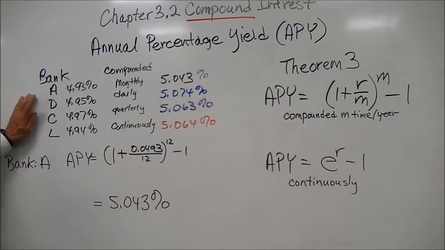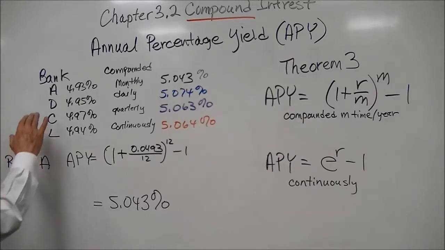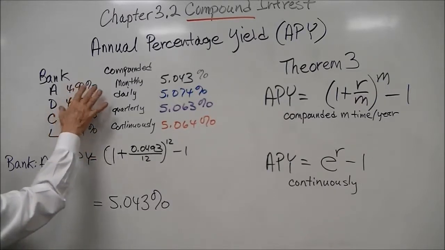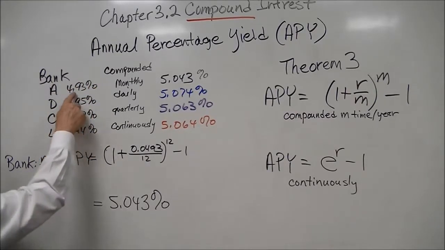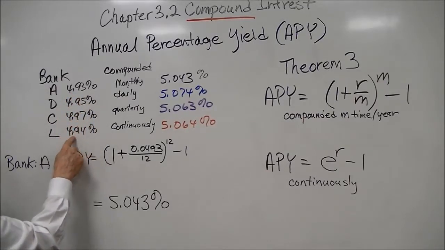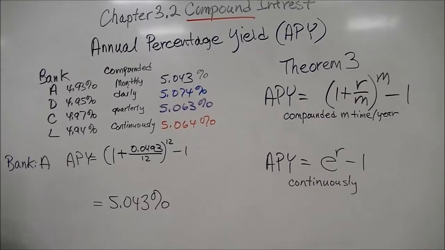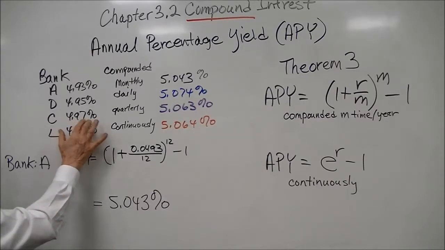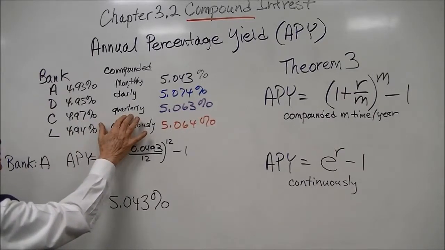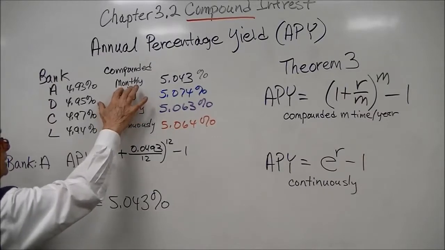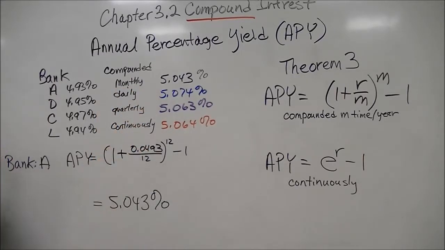This one starts with an A, a D, a C, and an L. And their listed rates are here. Notice it's just under 5%. This is 0.93, 0.95, 0.97, 0.94. And you look at this one, and this one looks like it's the highest, but this is done quarterly, while this one is done daily, this one is monthly, and this one is continuously.